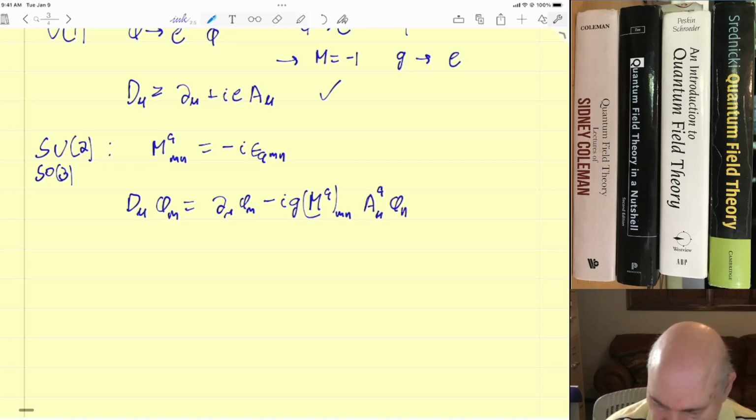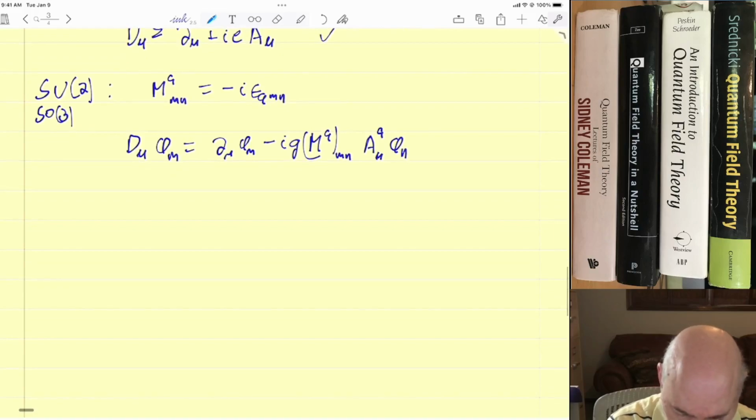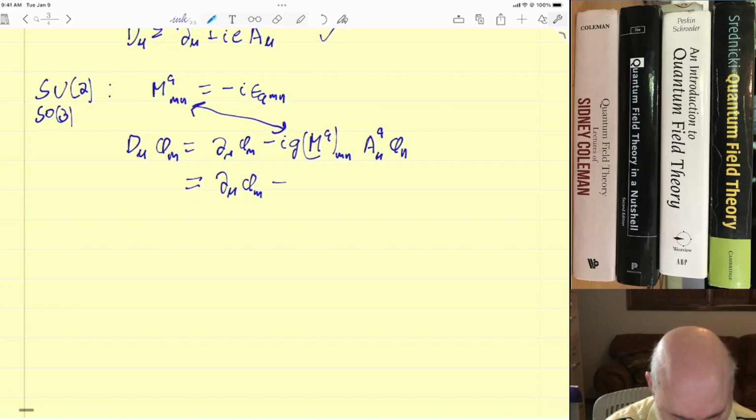We're just multiplying the representatives times the field. Now this is equal to the partial of mu phi_m minus, remember the definition here, so I get minus g epsilon_AMN A^A_mu phi_n.